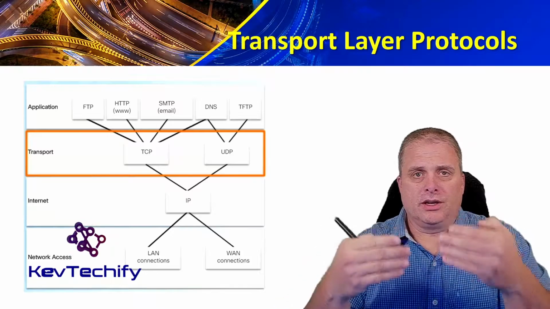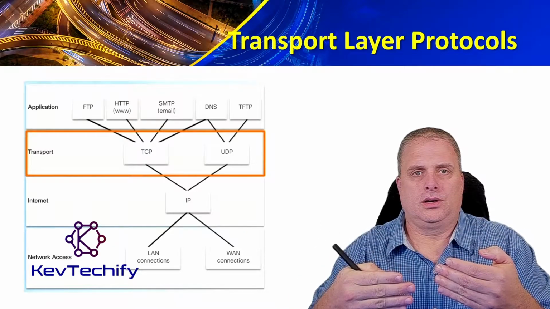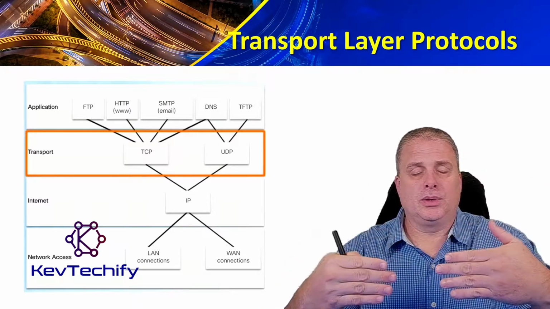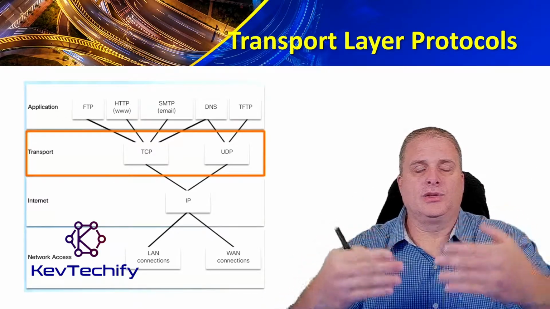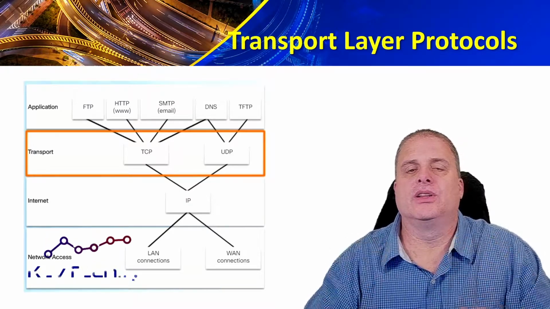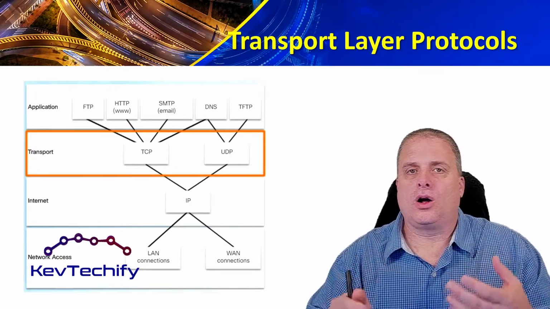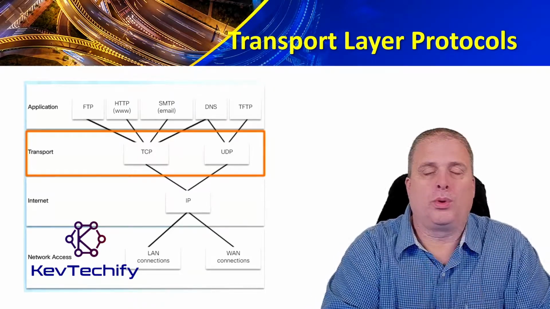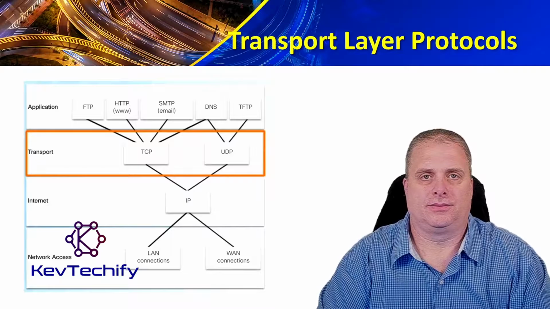The transport layer is layer 4 in the OSI model, and layer 3 below it, the network layer, that's where our IP addresses are. IP does not specify how to deliver or transport the data. All it talks about is getting the data from one point to its final destination.